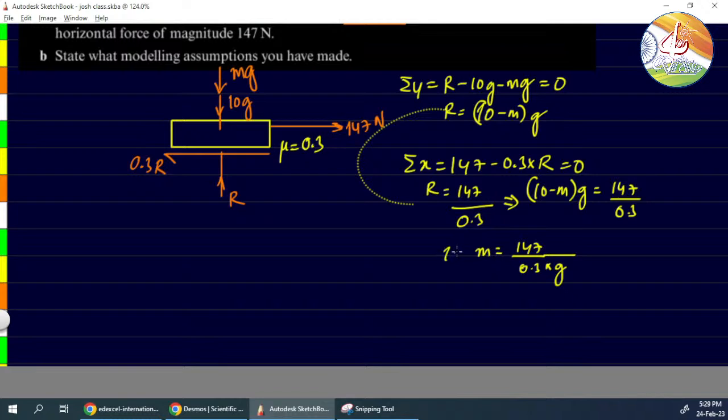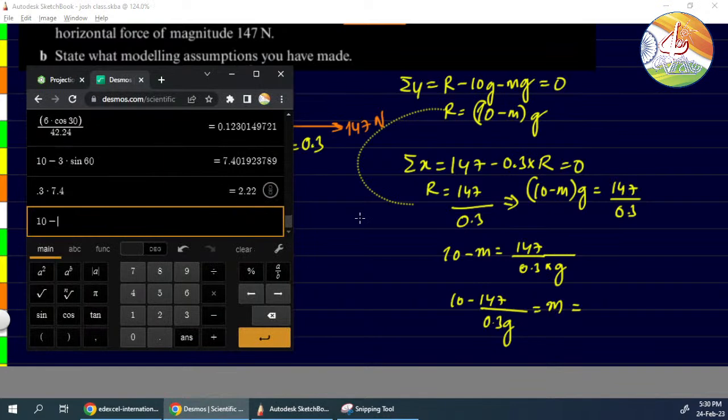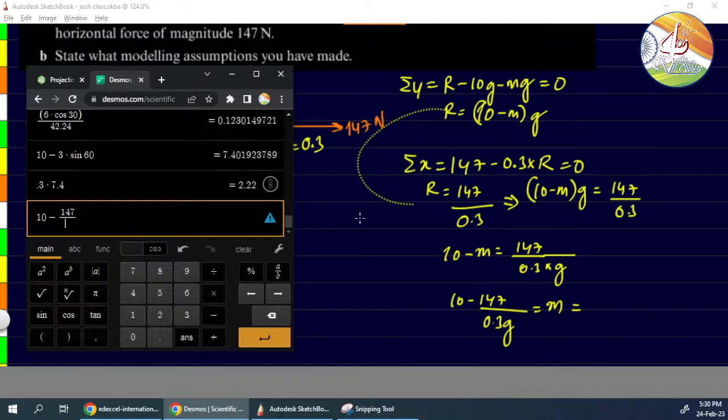Yes. Because we have 10 minus m comes this side, so 10 minus 147 by 0.3, so minus 39.95.